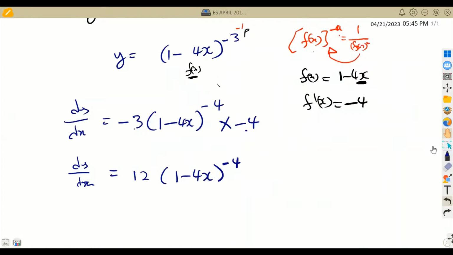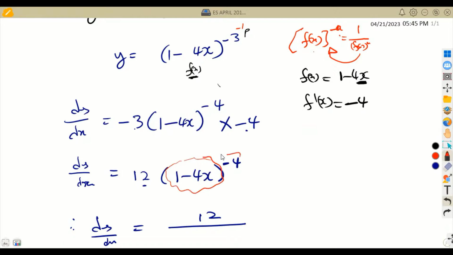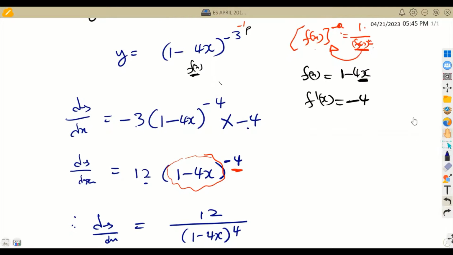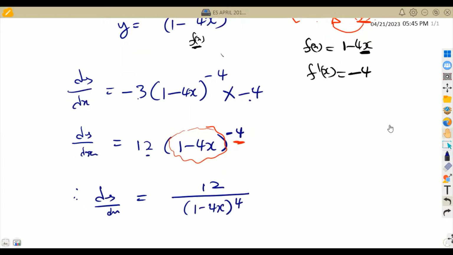So meaning we can rewrite our final answer as the derivative of y with respect to x is going to be 12 over 1 minus 4x, raised to the exponent of positive 4, not n. Here we are given 4, so it is going to be a +4. So that is what you're going to have as your final answer on this derivative.